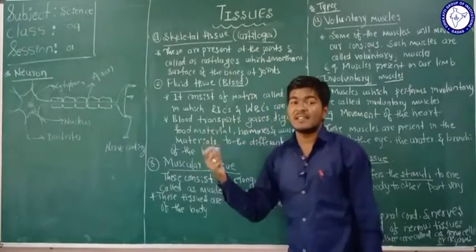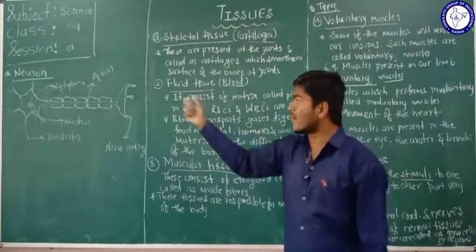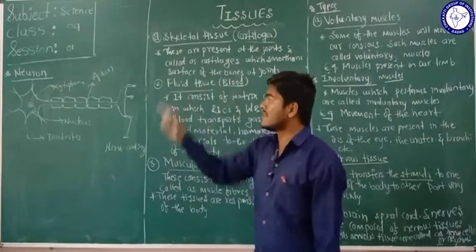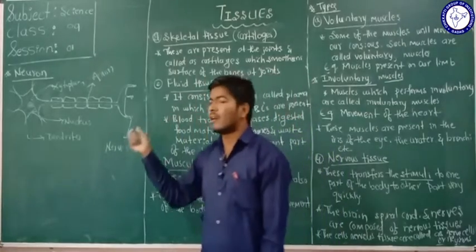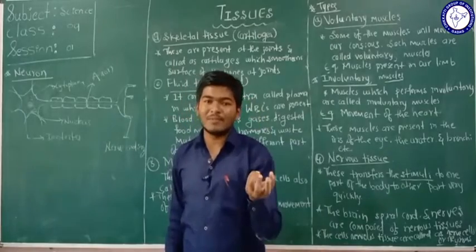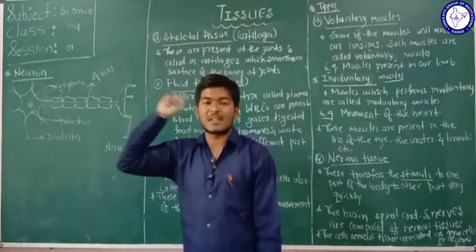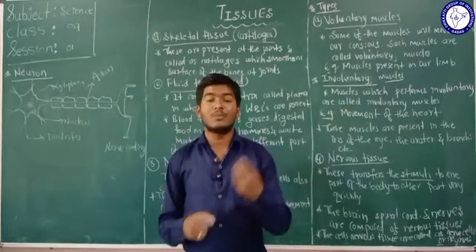The message or stimuli coming from the neuron reaches our brain. So this is how the neuron works. With the help of neurons, a large amount of stimuli or messages reach our brain, and the actions happen.